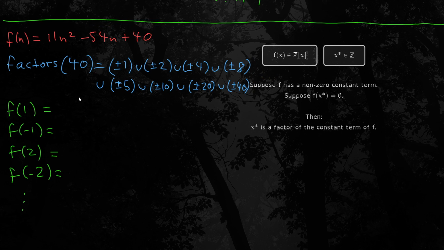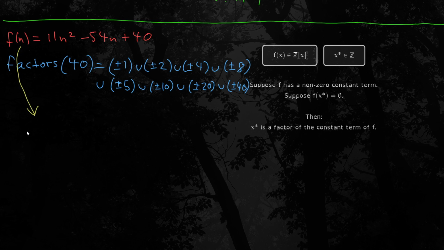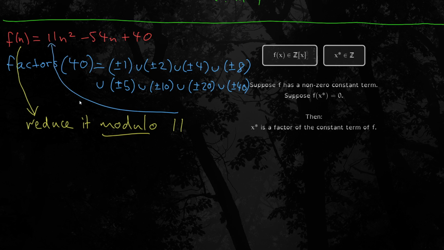So what we do is we don't rush straight into computing f of these numbers. Don't compute f of 1 or f of negative 1 or anything like that. What we're going to do instead is use a trick. We're going to take this f and reduce it modulo some number, and we can choose pretty much any number we want. I'm going to choose 11, because after all, that's the coefficient of n squared.